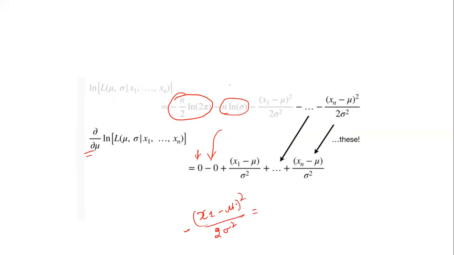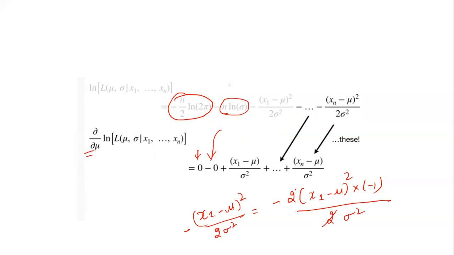When you take the derivative, it becomes minus 2 into x1 minus mu into minus 1. We are taking the derivative with respect to mu, so here you have to apply the chain rule. So this minus 1 also will be multiplied, divided by 2 sigma square.